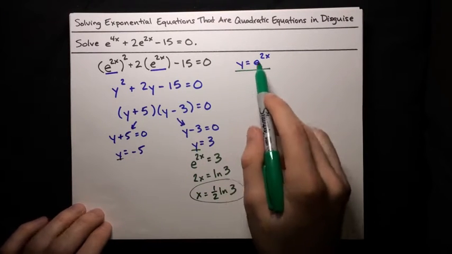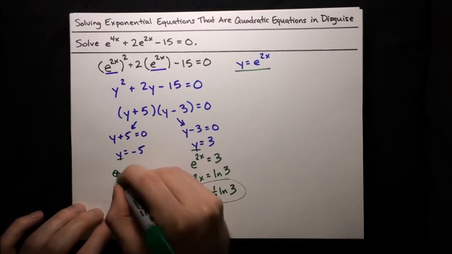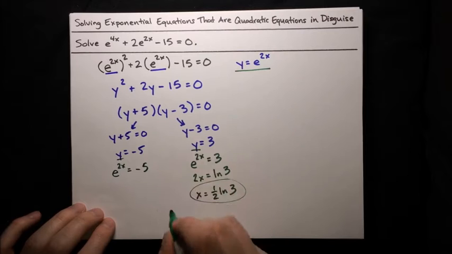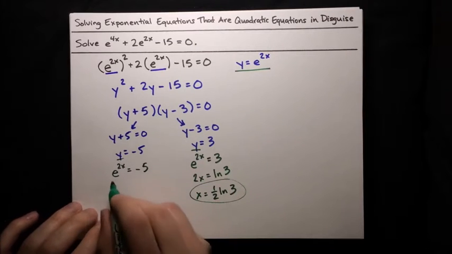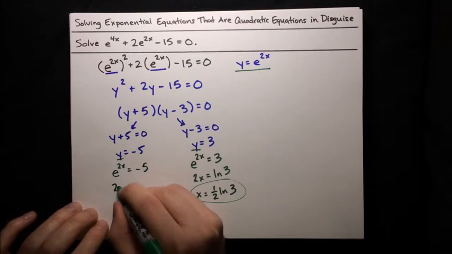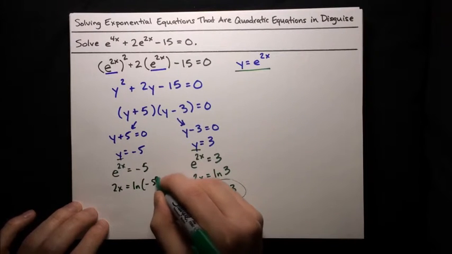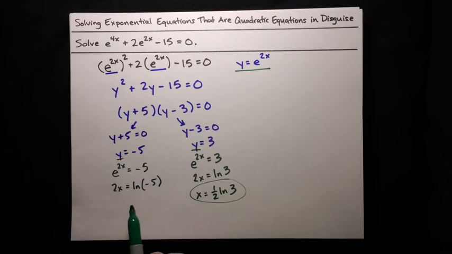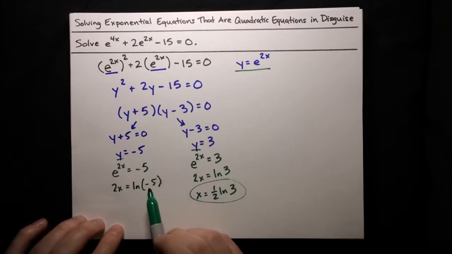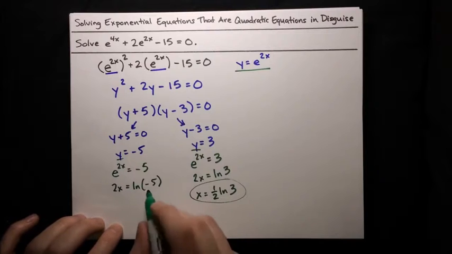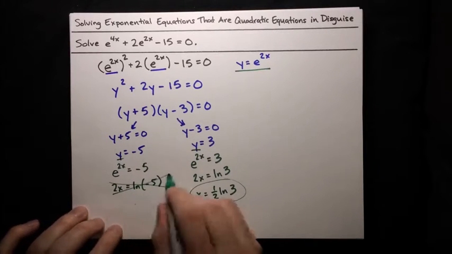So again, plug in y equals e to the 2x, so that becomes e to the 2x equals -5. Take natural log of both sides to cancel out that e as before, so 2x equals natural log of -5. Ooh, but hold on, natural log is not defined for negative numbers. So that means there's really no solution because this quantity here is not defined.